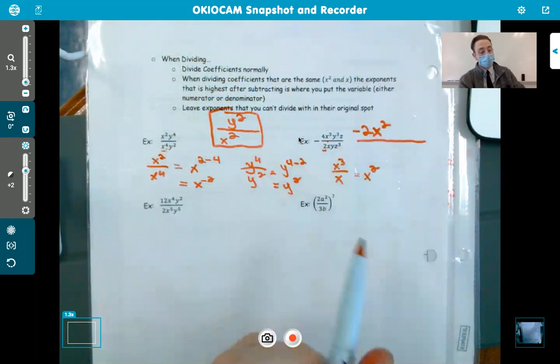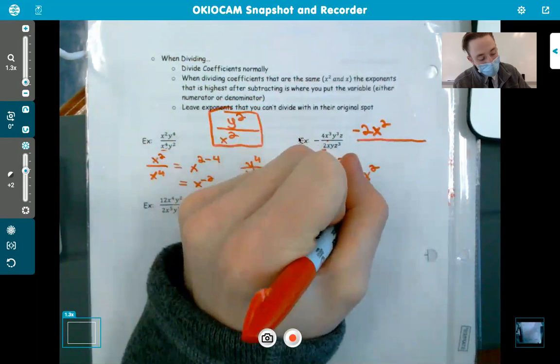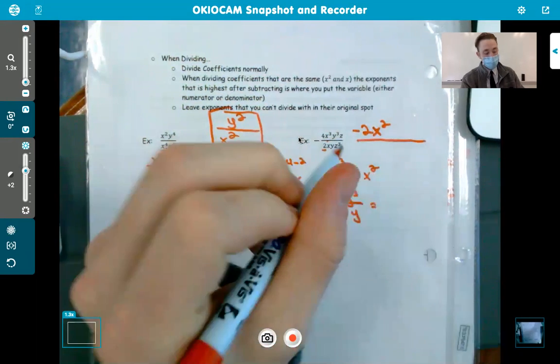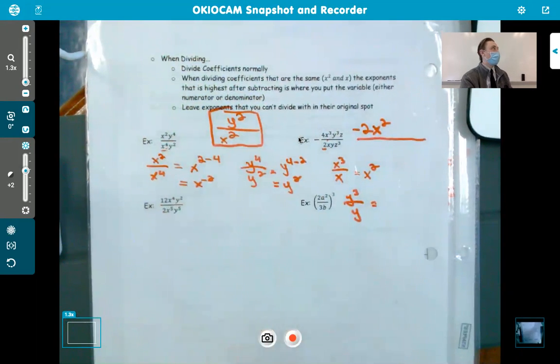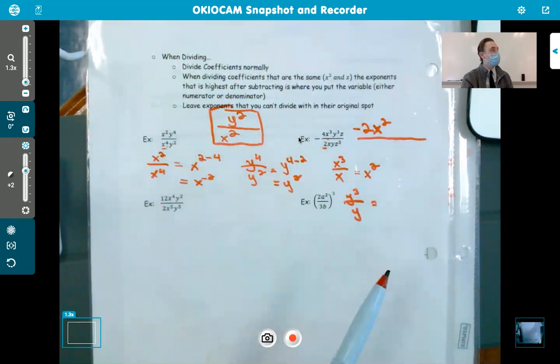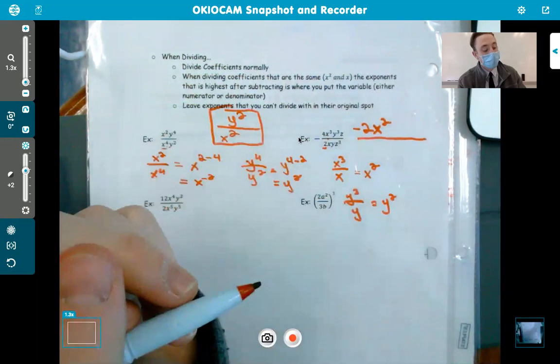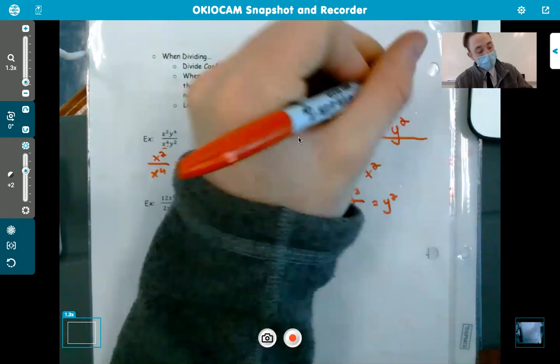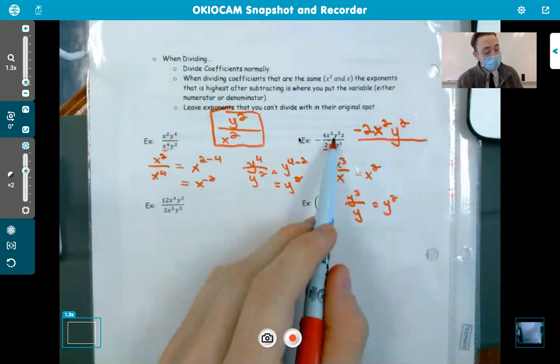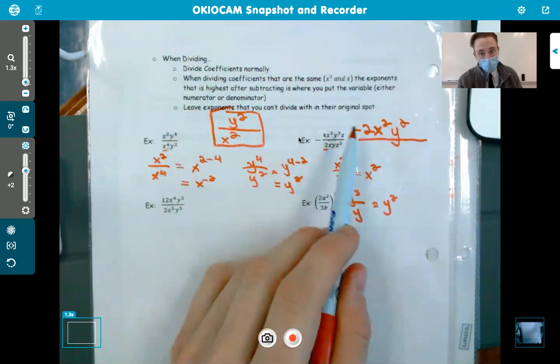I'll move on to my next variable. I have y cubed divided by a y. What's y cubed divided by y going to give me? Y squared. And where should I put that? In the numerator or denominator? The numerator, right? Because it's positive, but also my higher exponent is in the numerator, so I'll leave it there.